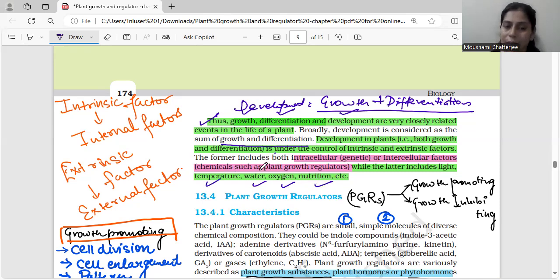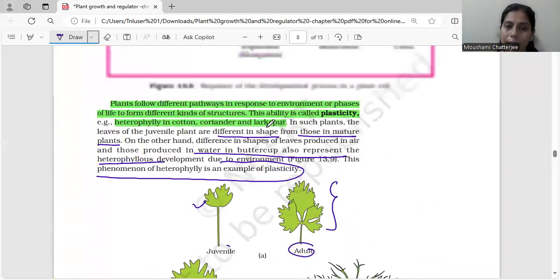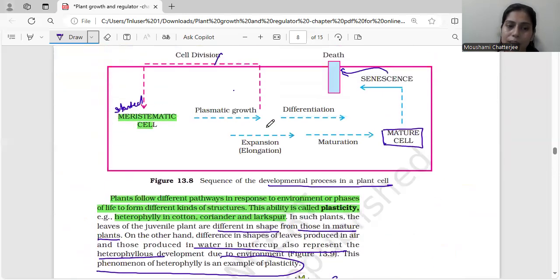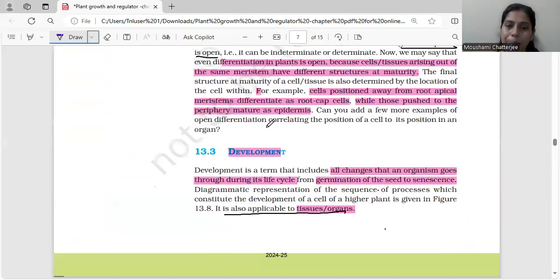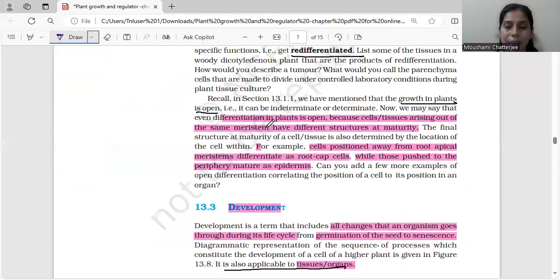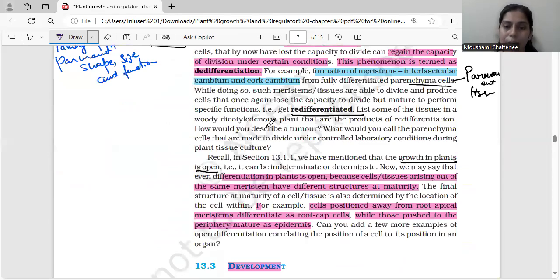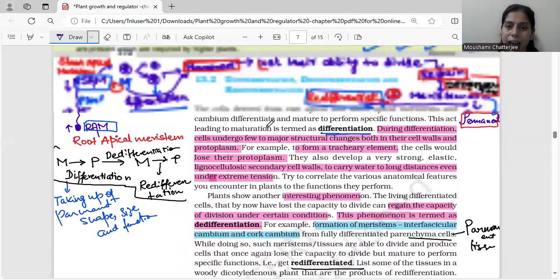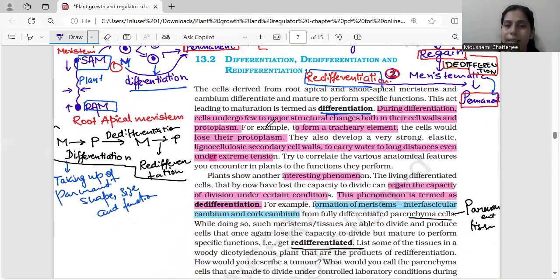An internal factor will include chemicals such as growth regulators, which we will be studying in the next session. I hope this is absolutely clear to you all, like what is plasticity, what is heterophylly, and what is development. And development includes maturation and cell division. All right. So we have discussed differentiation and redifferentiation. All right. Thank you so much.